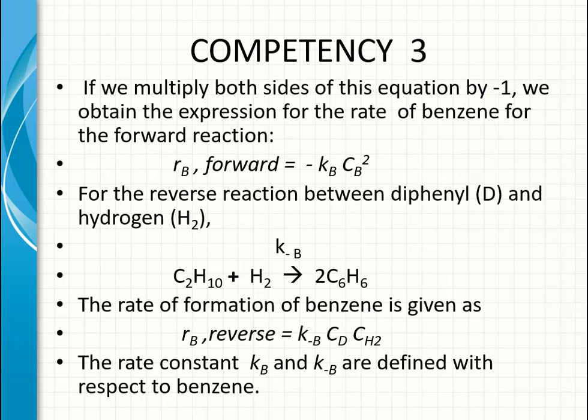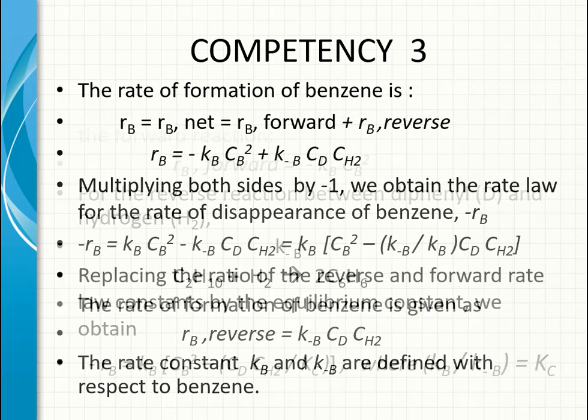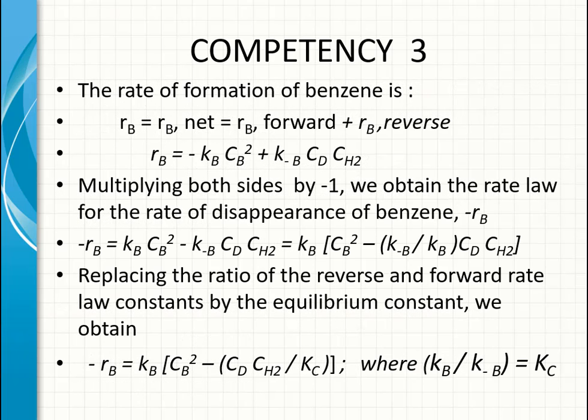The rate constants Kb and K minus B are defined with respect to benzene. And the rate of formation of benzene, which is the net rate, will be equal to Rb forward plus Rb reverse.